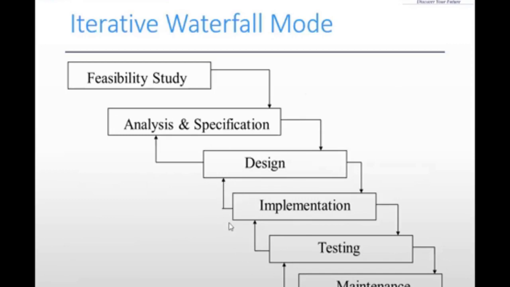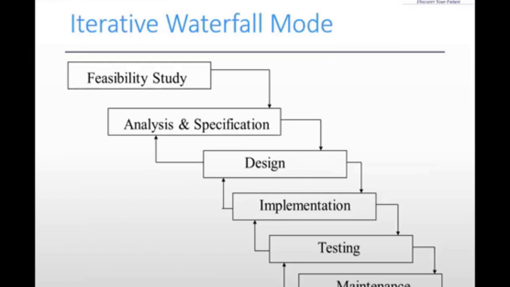So a feedback path is added to the classical waterfall model, and we have fixed it; that is called the iterative waterfall model, right? So in the iterative waterfall model, what we are doing is adding the backward paths compared to the classical waterfall model. That's the only difference when we compare the classical and iterative waterfall models.